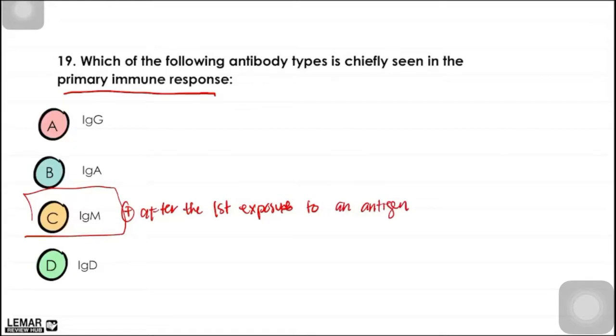While IgG is chiefly seen in your secondary immune response or memory response, and this is produced upon second or subsequent exposure to an antigen.